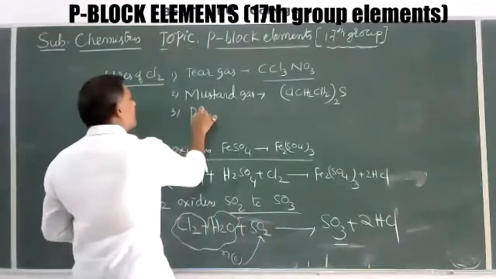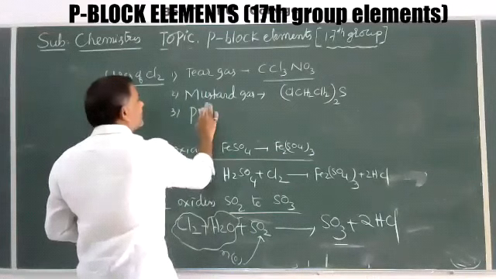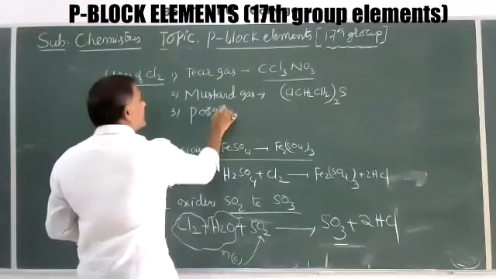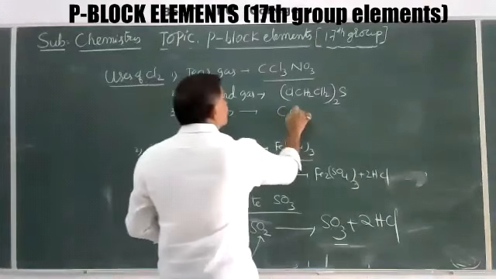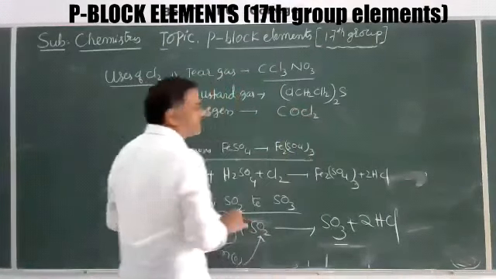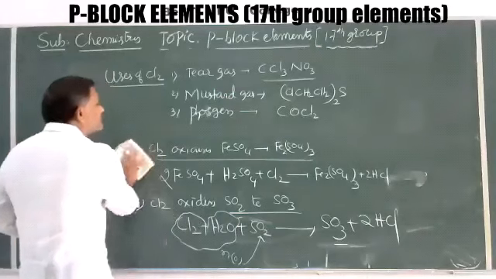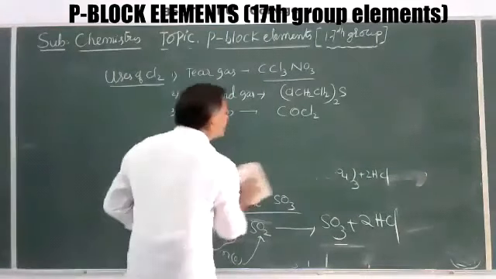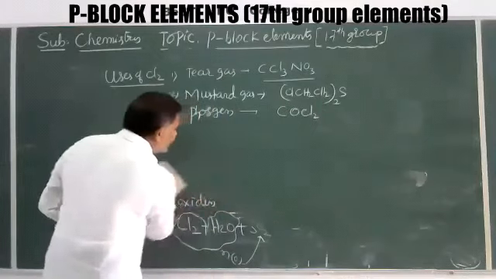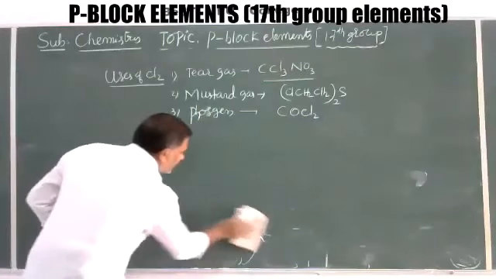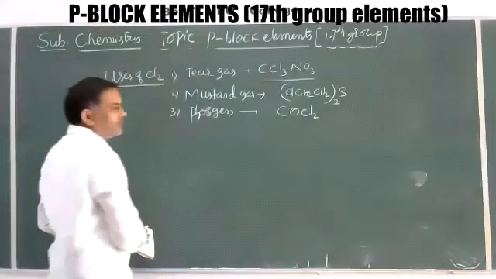Third one is phosgene, poison gas, that is COCl2. So some important, industrially useful compounds, chlorinated compounds, are prepared by using chlorine gas.